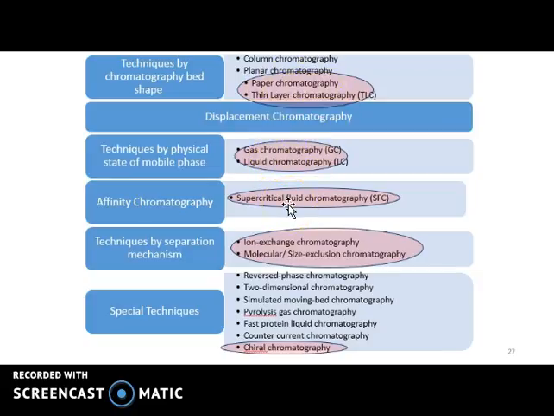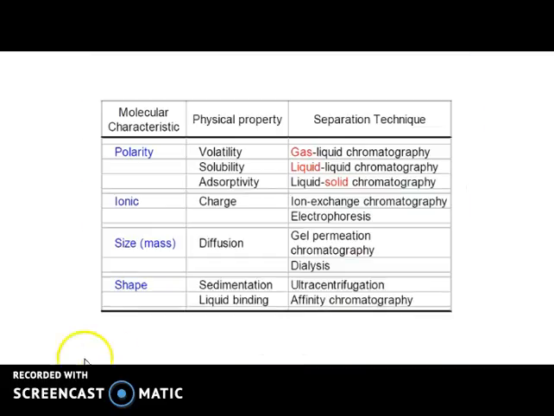So the different types of chromatography come with different principles of separation. For example, in the adsorption type of chromatography, it is due to polarity. This will be further discussed and explained in class and also in other types of chromatography.